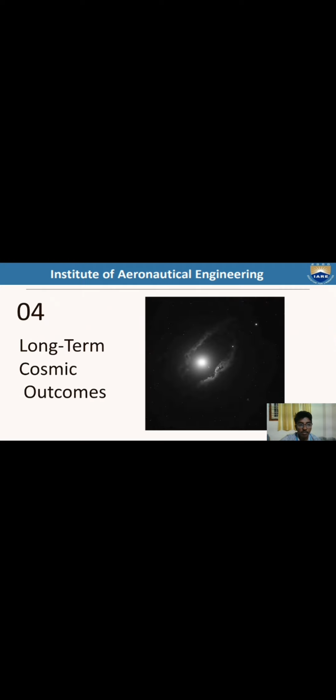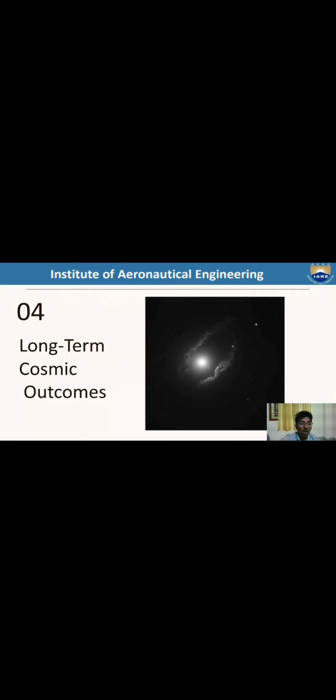So the outer planets are the planets which are far from the sun. They may not get destroyed, but their atmosphere may get affected, like increased radiation and changes in solar wind.